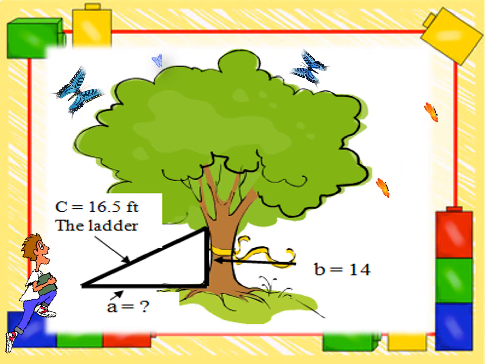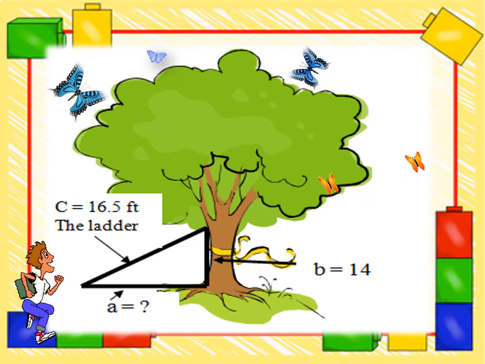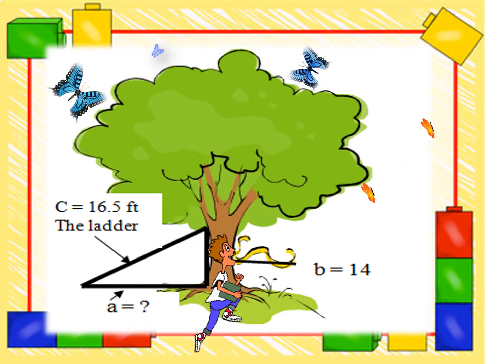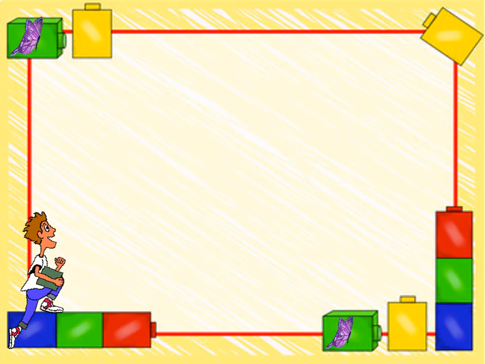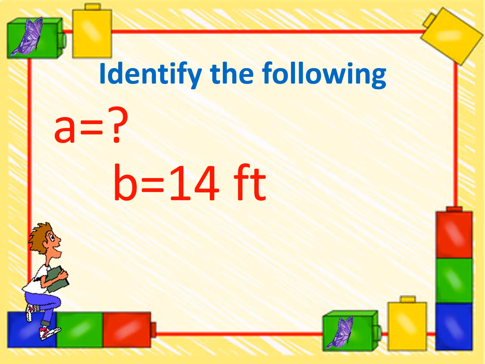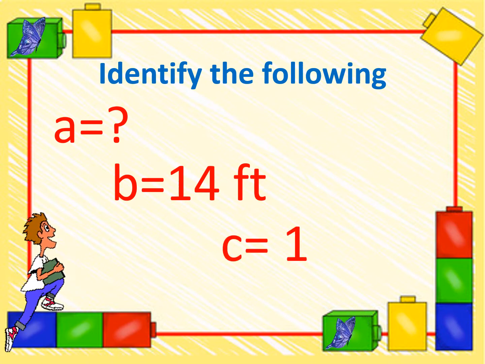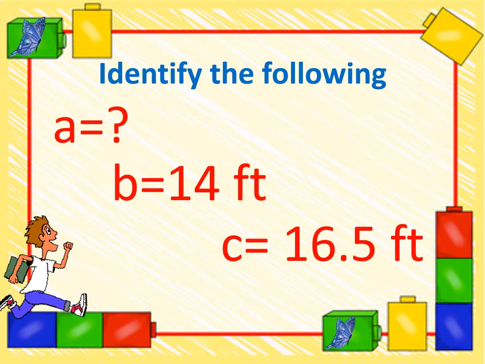The base of the tree to the top of the ladder is 14 feet. So, from the picture, we are going to find A. Let's identify the following. A is unknown, B is 14 feet, and C equals 16.5 feet. So, let's show the solution.